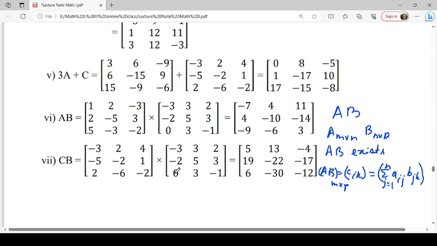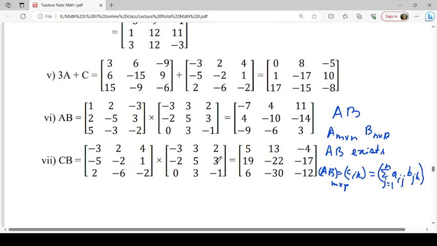CB is also similar. Suppose we need this value, this is C23. For C23, we need the second row and the third column. So -5 into 2 is -10, -2 into 3 is -6.